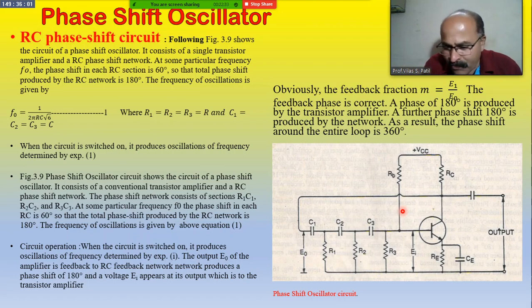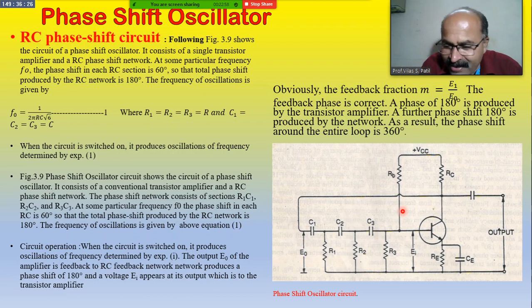And third is the feedback. Here we know that the original input and the output of the feedback network should come in the same phase. If the original input and the output of the feedback network are in the same phase, then and only then the Barkhausen criterion is satisfied.